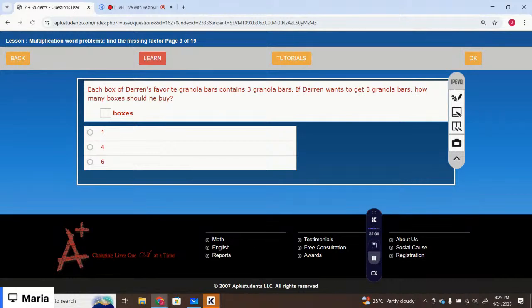Each box of Darren's favorite granola bars contains three granola bars. If Darren wants to get three granola bars, how many boxes should he buy? So which is the correct option?